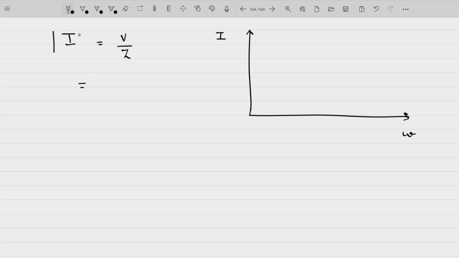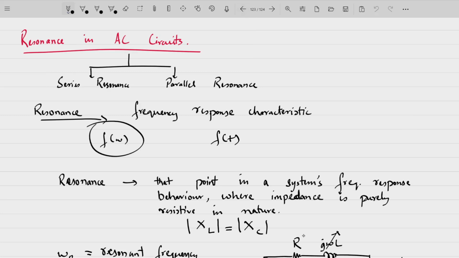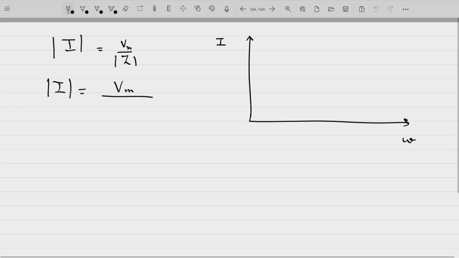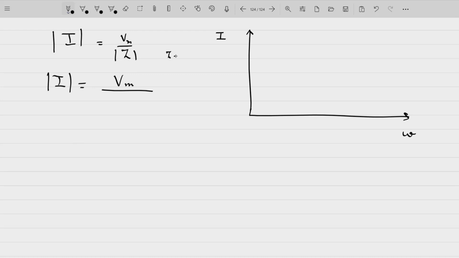Let us take the magnitude of I. So it will be equal to Vm divided by magnitude of Z. This complex number Z is R plus j omega L minus 1 by omega C. So therefore magnitude of Z is the square root of R square plus omega L minus 1 by omega C, whole square.